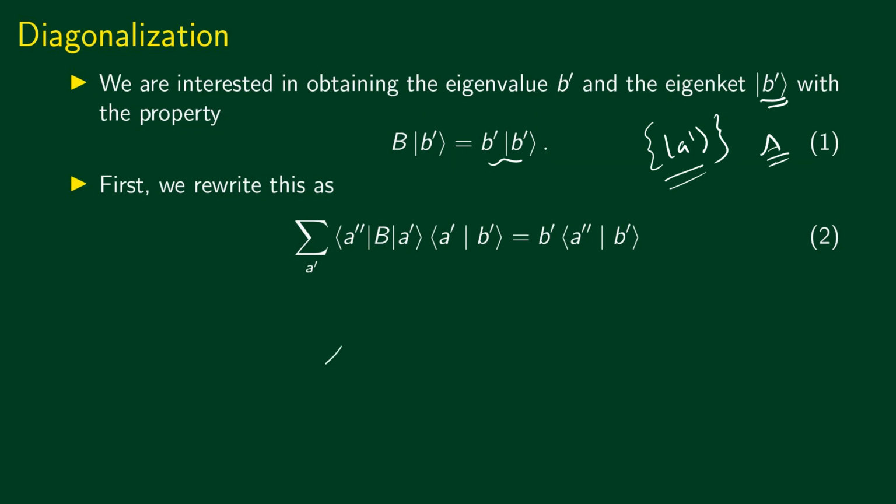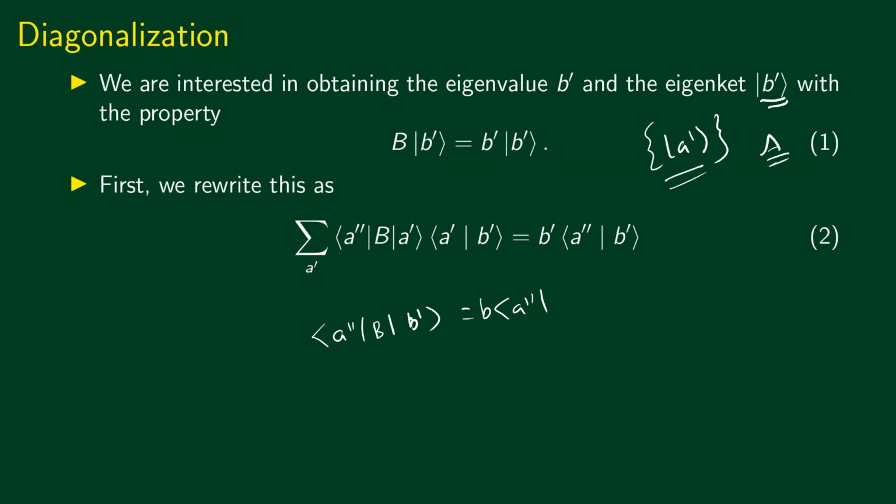So let's write this operator relation as a matrix relation, as a relation between two column matrices. We just take the components of these kets on both sides. So we'll see that the components will be related in this form.